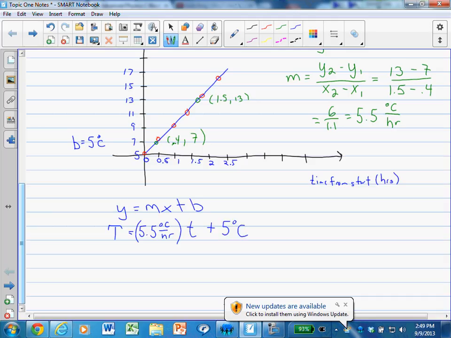And this is our mathematical model for our data. Starting at a temperature of 5 degrees Celsius, we'll expect our water to raise its temperature 5.5 degrees Celsius for every hour. It's quite an intense sun, but I just made up the data, so that's why it's like that.